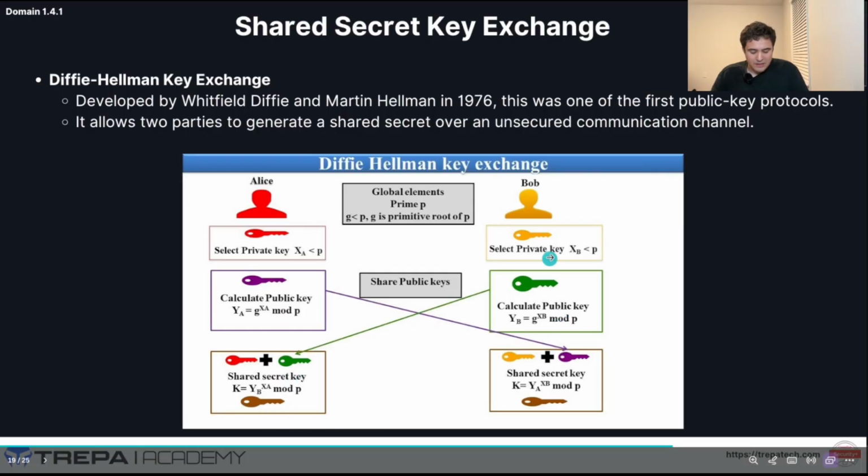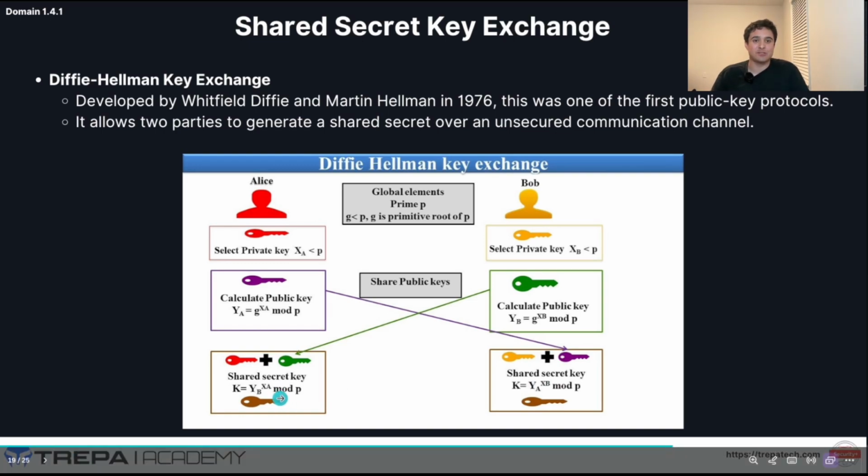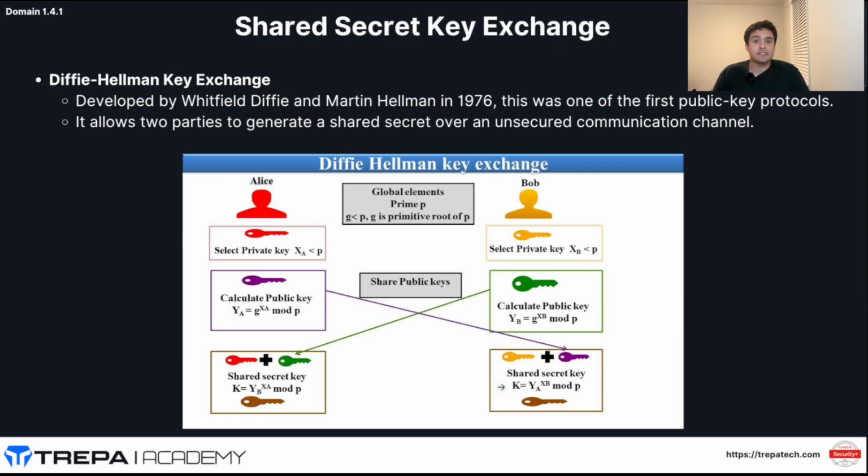Bob will do the same thing. He'll take his private key and Alice's public key and create a new shared secret key. And through the power of math, you see that little algorithm there, the power of that algorithm that I don't want to describe because you don't need that to pass the Security Plus exam, they create a new shared secret key that can be used between them. So now it's going to allow those two parties to generate a shared secret key over an unsecured communication channel that no one can go intercept, right?